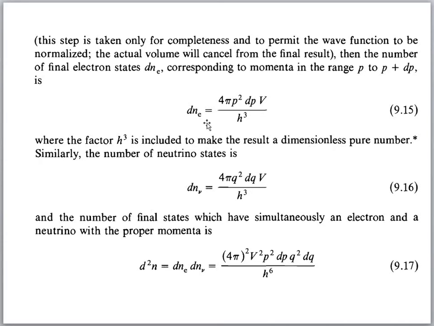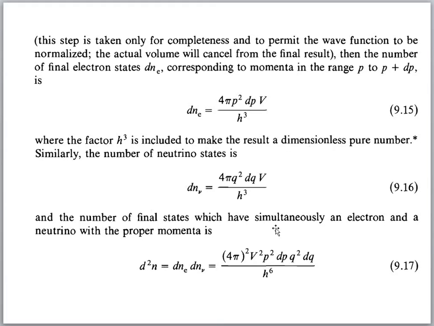The total dn, sometimes called d square n, can be written as dn e into dn nu, the product of these two numbers of states. When we multiply these two, we get 4 pi square V square p square dp q square dq divided by h raised to 6.